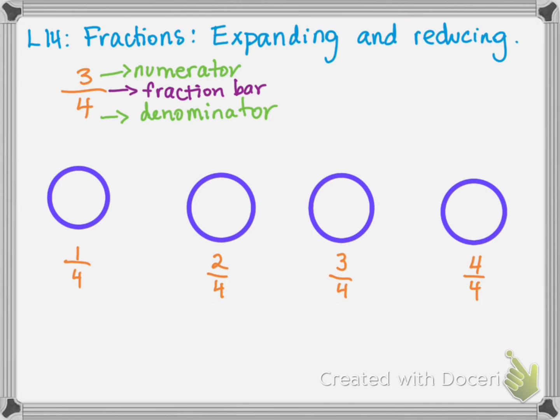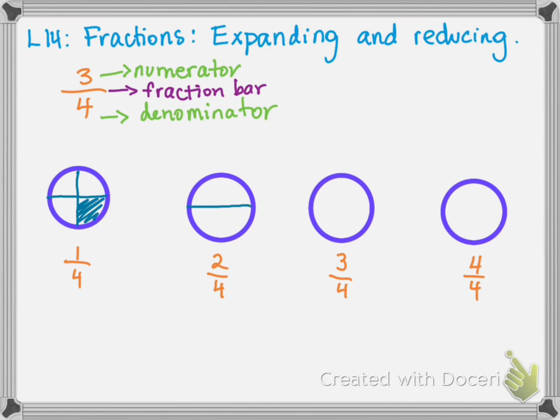So let's look at these drawings and represent each one of these. 1/4 is the unit divided in 4 pieces because we have a 4 in the denominator, and then just coloring one of them. That is 1/4.